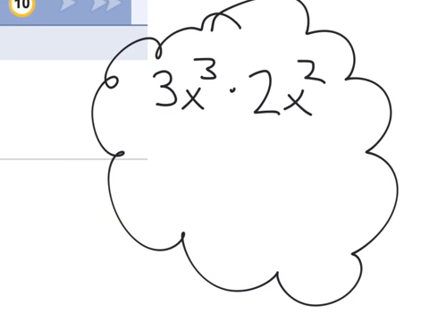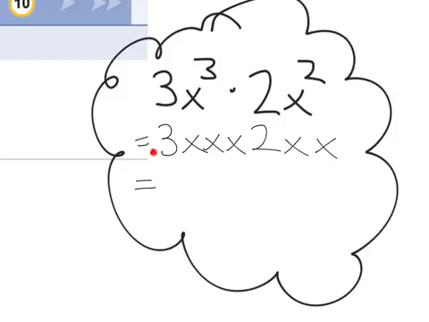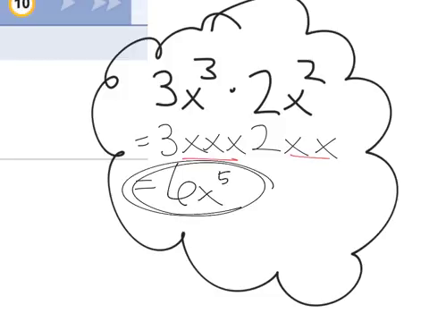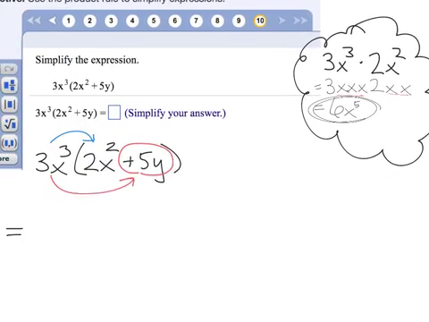So zooming in a little bit, save us a little bit of room. This is 3 times x times x times x times 2 times x times x. So the 3 and the 2 can be multiplied, so that gives us 6. And then all of the x's gives us x raised to the 5th power. So that becomes 6x raised to the 5th power.